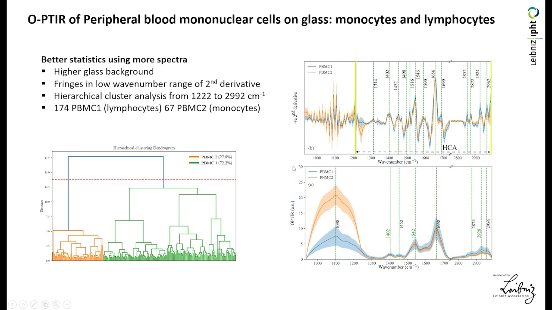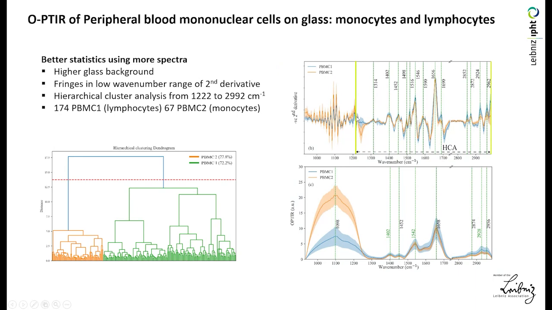But here a small complication was that the glass background was elevated, and after calculation of the second derivative, there were some fringes, so this spectral range was excluded from hierarchical cluster analysis.